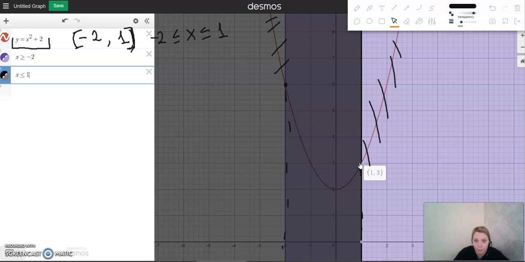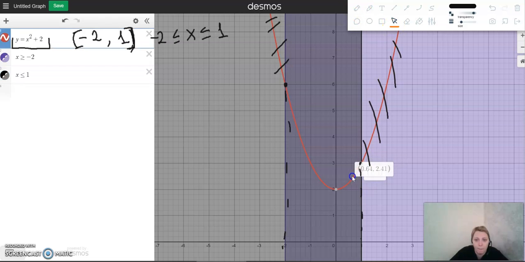Well, what are those? Those are exactly what you would think they are: the highest and the lowest point on this interval. So when I look at this interval, what is my highest point? Let's trace this out. I'm going up and up and up. And the point is clearly negative 2 and 6.